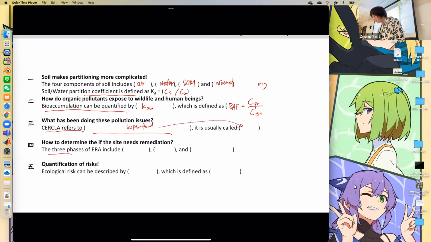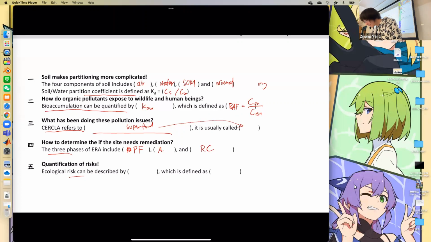The three phases of ecological risk assessment include: the first one is problem formulation, the second one is analysis, and the last one is risk characterization.